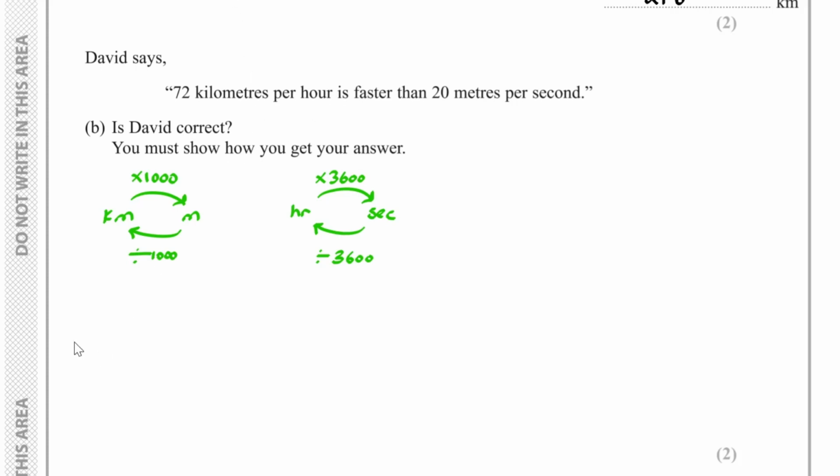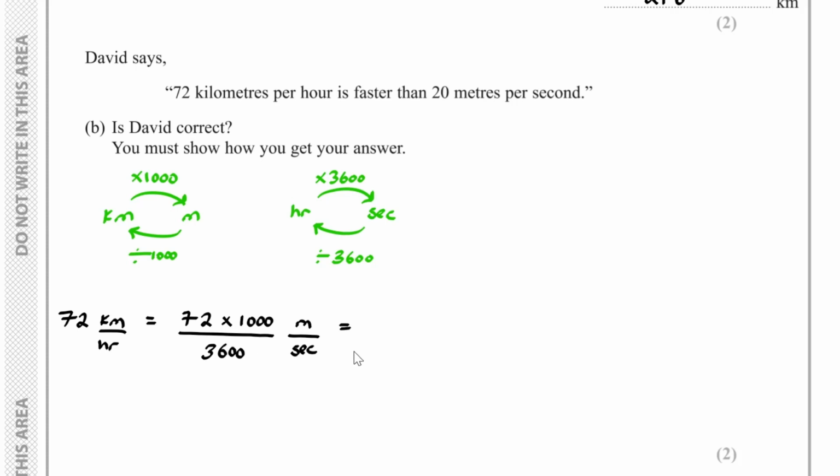So if we take a look at the 72 kilometers per hour, we can convert this into meters per second. First of all, if we multiply by 1000, we have meters on the top, and if I convert the hours into seconds, after times by 3600, so here we have 3600 seconds.